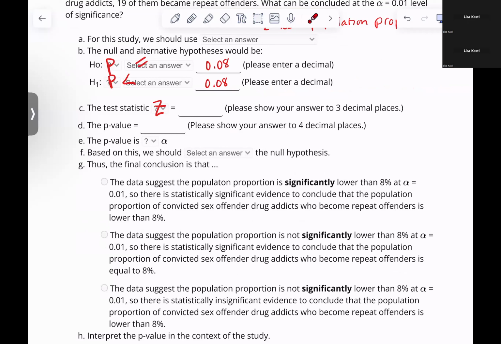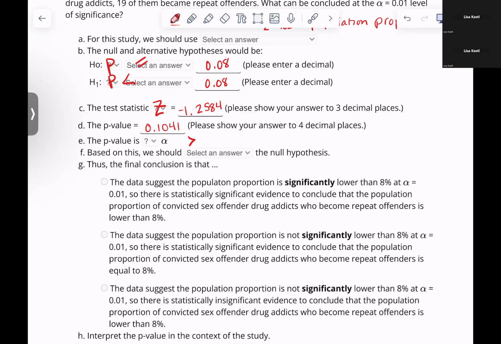So the Z was what? Negative 1.2584. And the p-value is 0.1041. So what do we do? Is this p-value greater than or less than alpha? It's greater than. And I don't remember that drop down. I think they have less than or equal to and greater than.